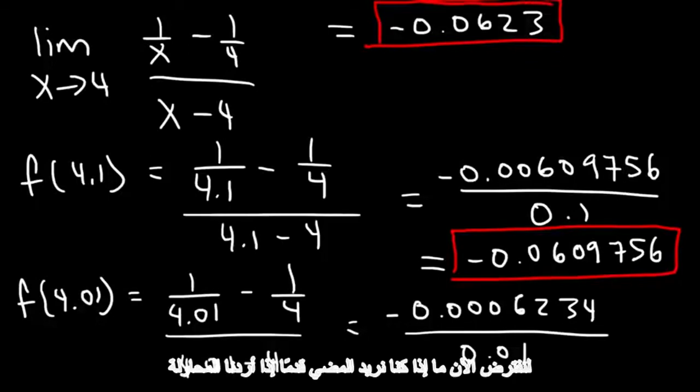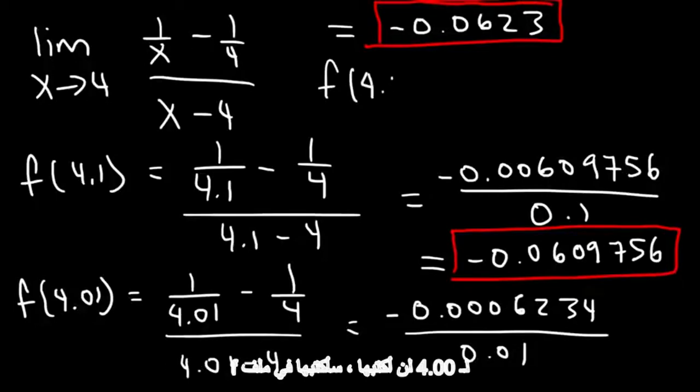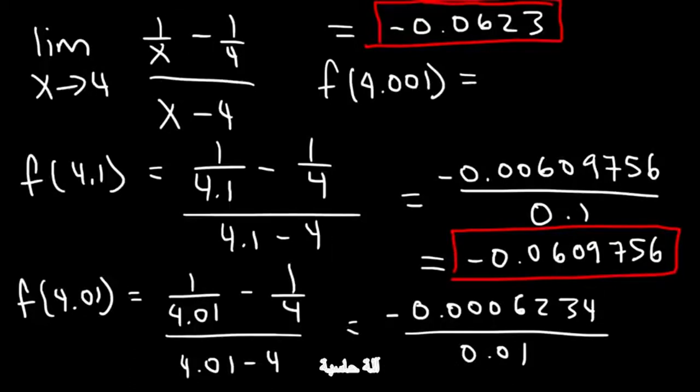Now let's say if we want to go further, if we want to try f of 4.001. I'm not going to write it out, I'm just going to type it in the calculator. So this is going to be negative 0.06248.